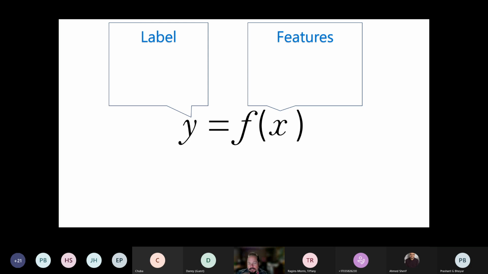And then what we're trying to get is the answer, which is the label. When we're training, the label is essentially the answer that we're looking for. So if you think of it in terms of the loan loss prediction, the label would be the loan charged off or the loan did not charge off. Okay, so that's pretty easy.